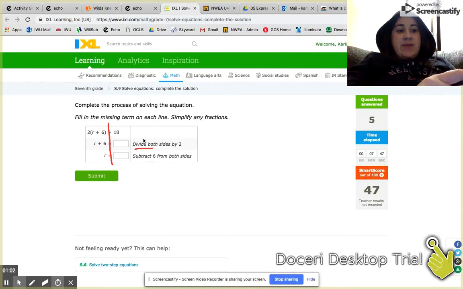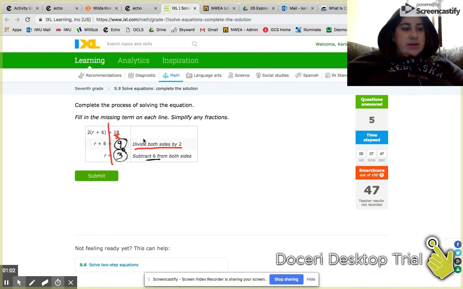So here it says divide both sides by 2, so I'm going to do 18 divided by 2. Well, what's 18 divided by 2? That gives me 9. Then it says subtract 6 from both sides, so what's 9 minus 6? Well, that's 3. So the answers they're looking for are 9 in the first box and 3 in the second box.